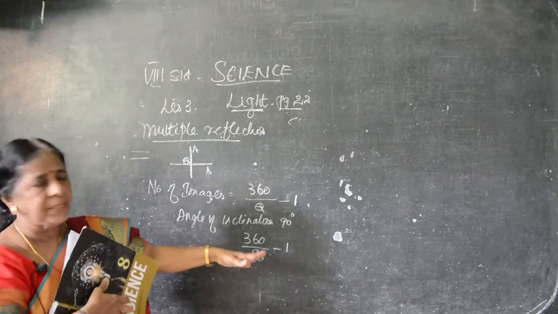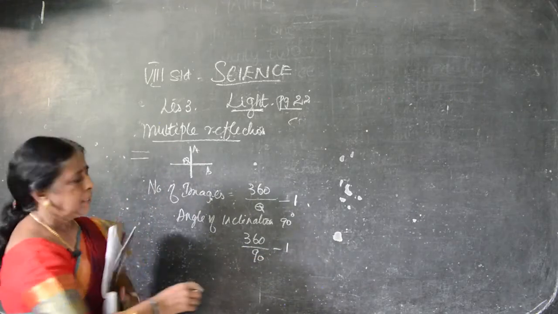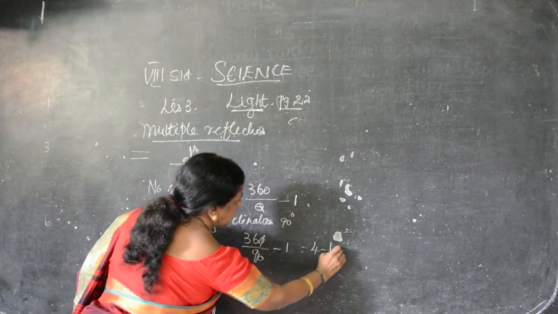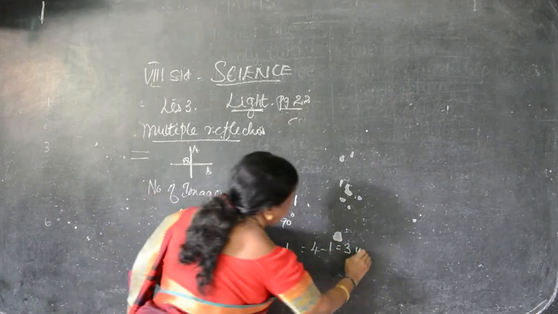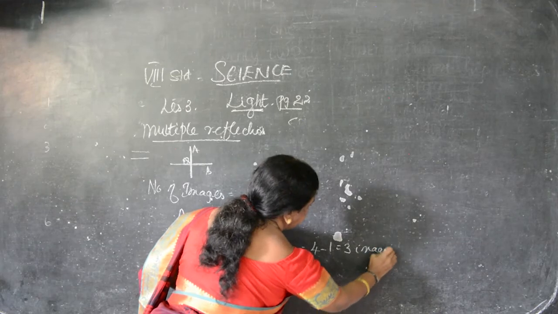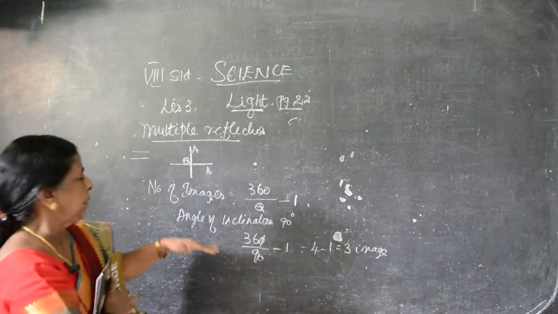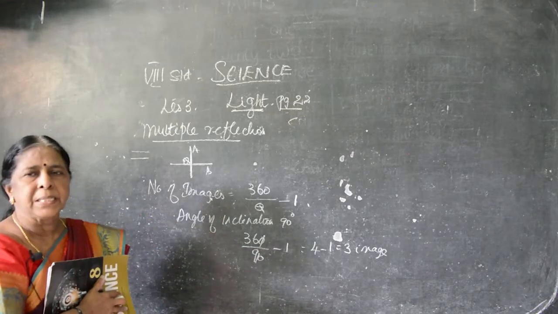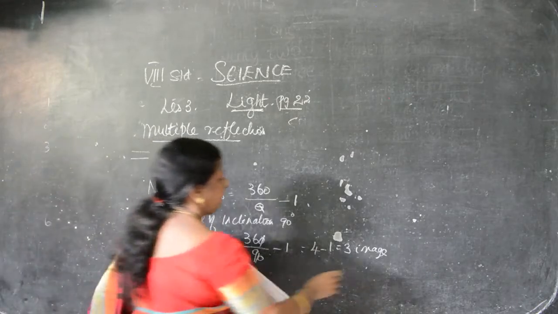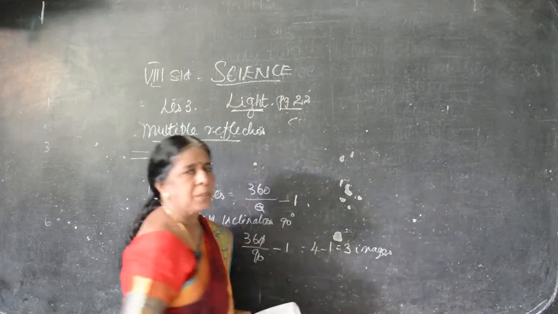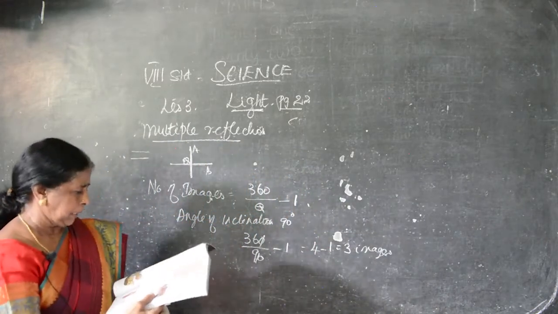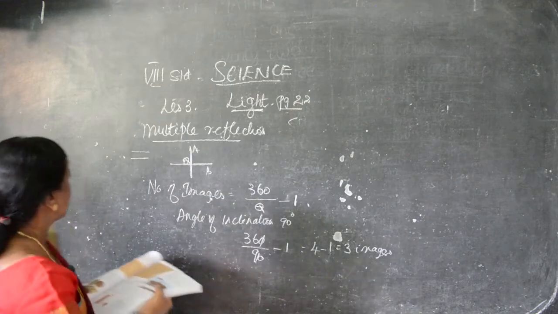The 90 is given here. 360 by 90, zeros cancel, nine fours are 36, so 4 minus 1 is 3 images. If the object is placed at an angle of 90 degrees, how many images are we getting? 3 images. This kind of thing is known as multiple reflection. Based on that, we are using two instruments, the kaleidoscope and the periscope.